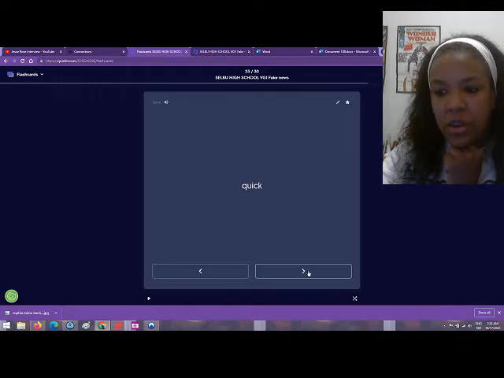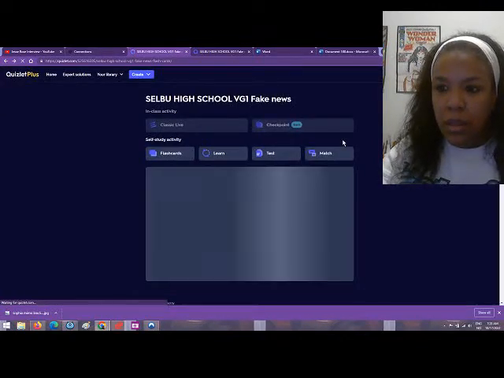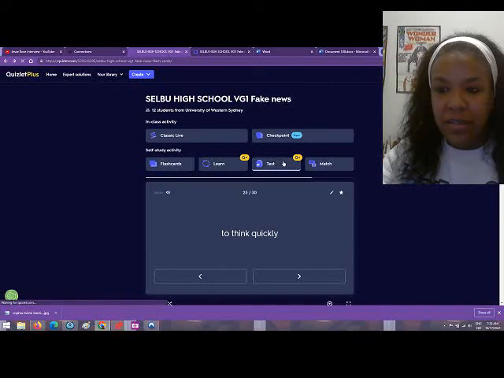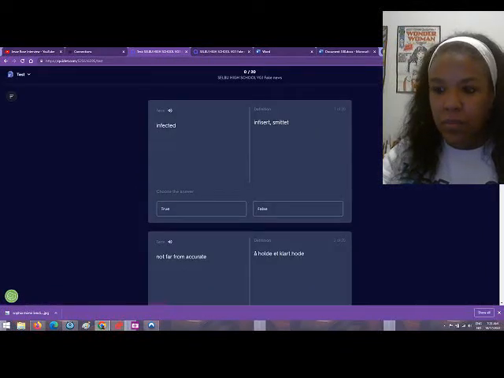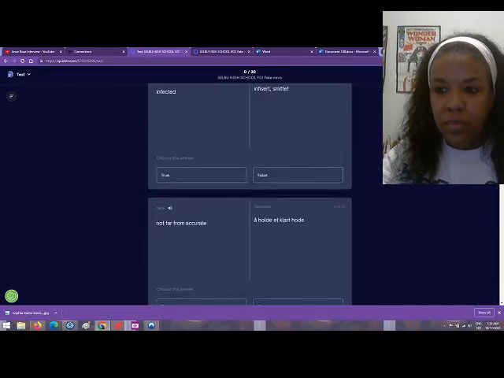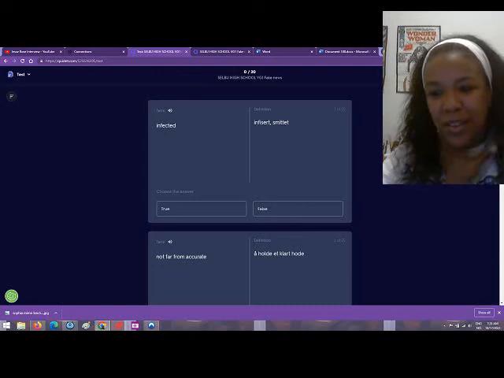Use the flashcards and make sure that you know the words. Use the test as well. And make sure, of course, that you work on the sentences.